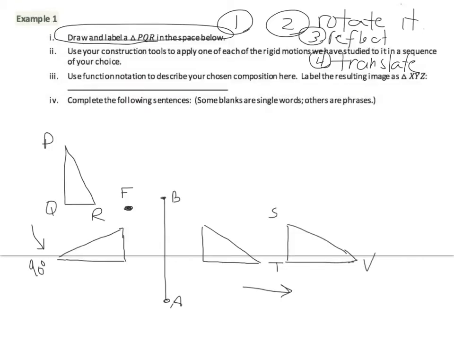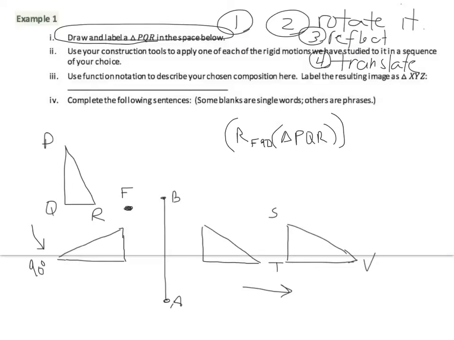Cool, I'm done. Let's go ahead and try to use function notation to say what we did. So I'm going to start at the beginning and put that in the center. So I have triangle PQR. The first thing I did was rotate it about point F, 90 degrees, and put some parentheses around that.